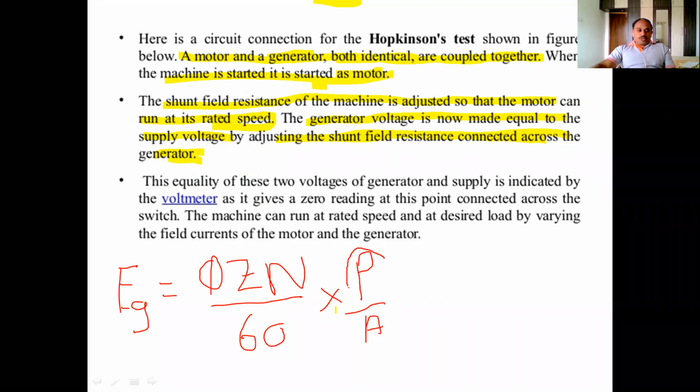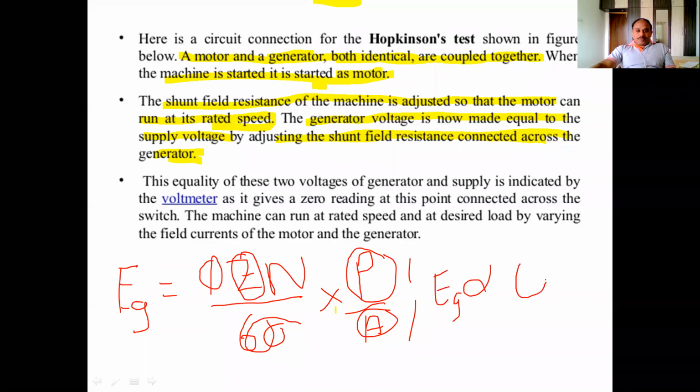Poles are fixed once the machine is designed, parallel paths are fixed, conductors are also fixed, 60 is also fixed. So the generated EMF Eg in a generator is proportional to flux and speed. If you run the generator at a rated constant speed, Eg is proportional to flux.